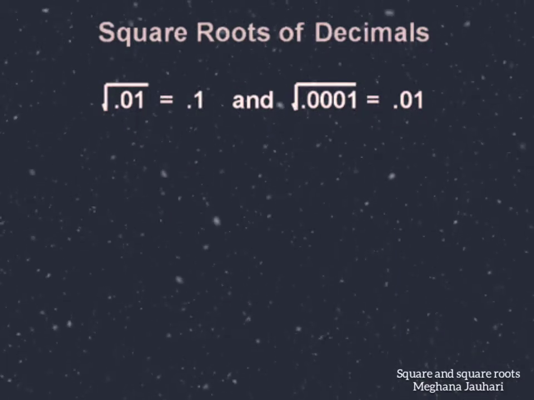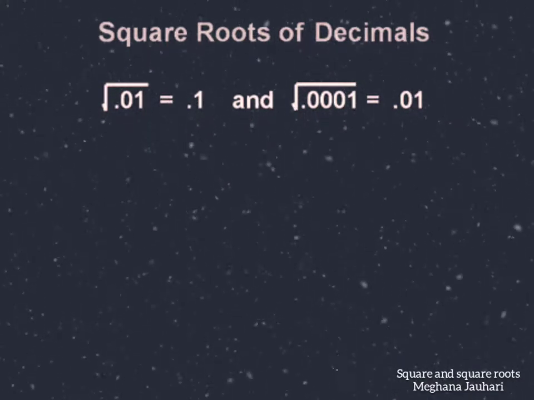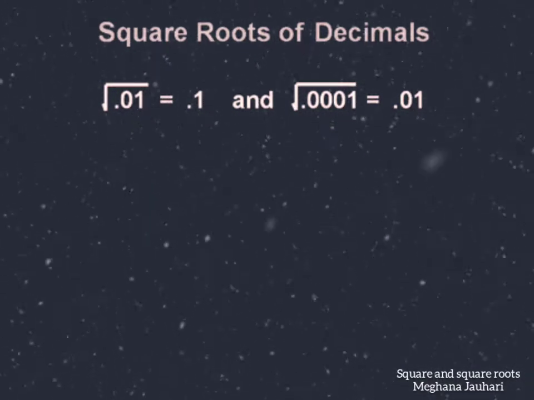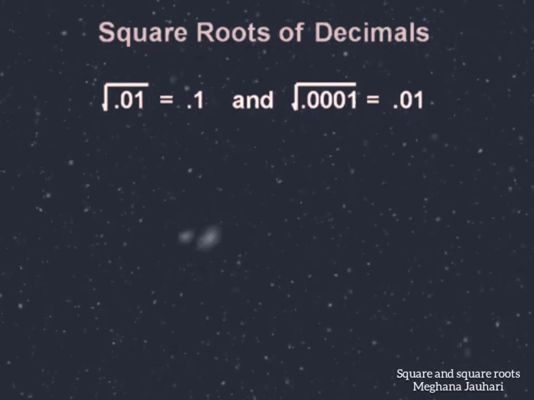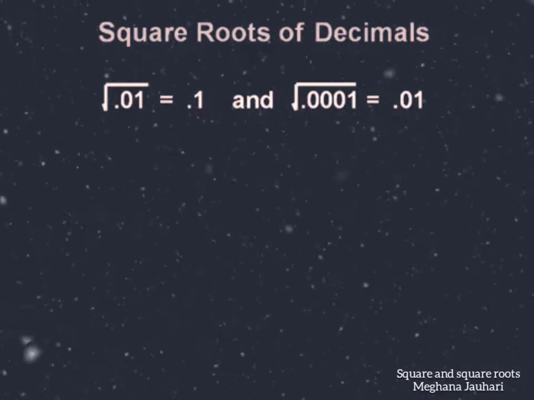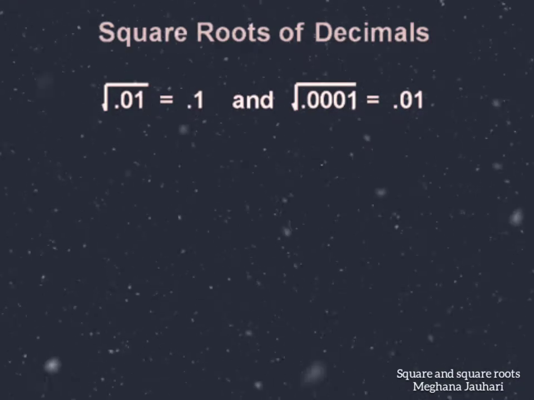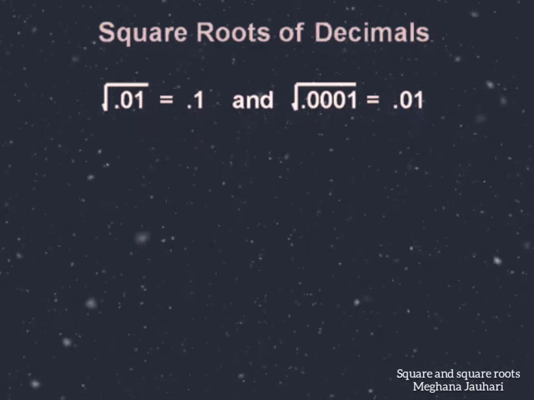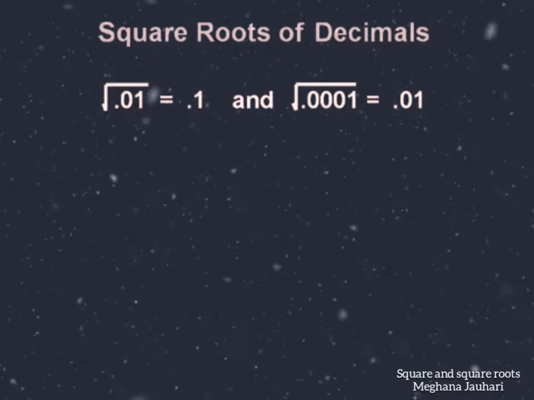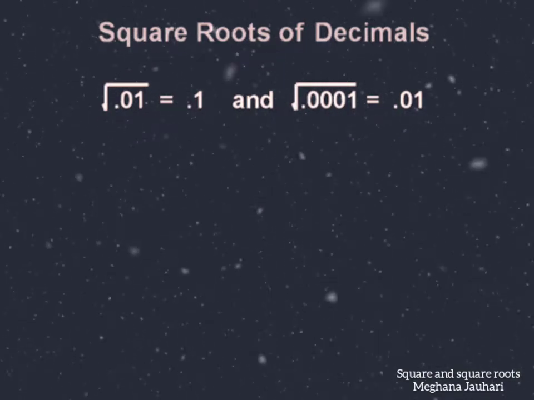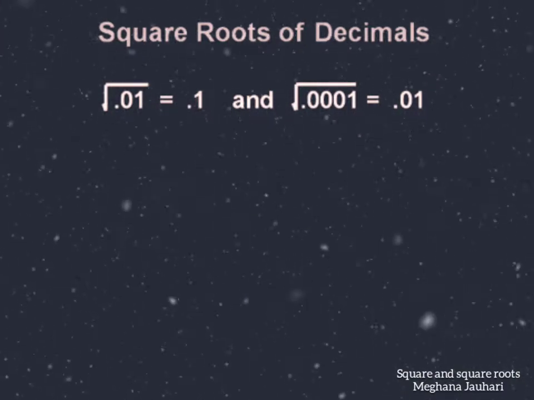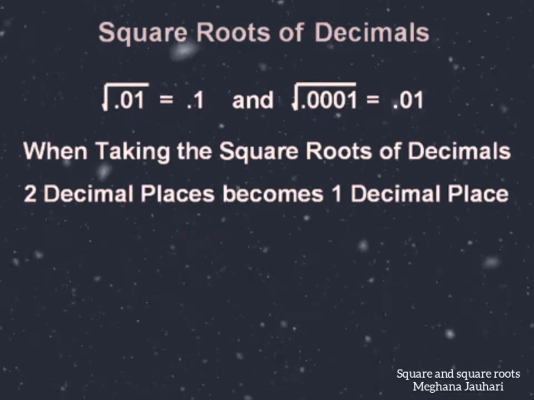Clear? So, moving to the next concept. If we find the square root of decimals, then what will happen? Yes, you are correct. In finding square roots, 2 decimal places will become 1 decimal place. Like the square root of 0.01 is equal to 0.1. What really happened?